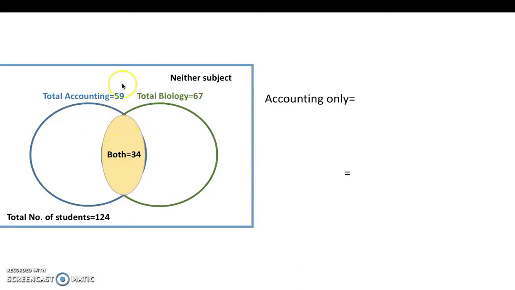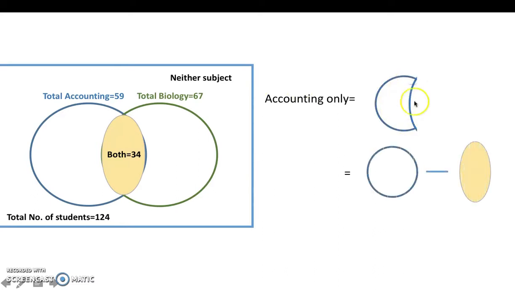As I said, this 34 can be recognized as the area of this ellipse, and this 59 as the area of this circle. What we're looking for is this section of the circle. To do this, we can use the whole blue circle and take away this ellipse right here. We use 59, take away 34, which gives us 25. 25 is the number of students who study accounting only.